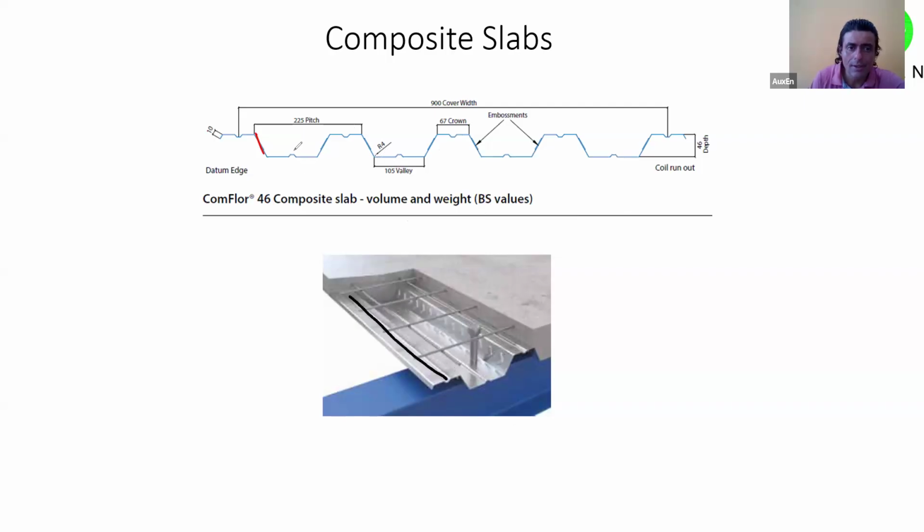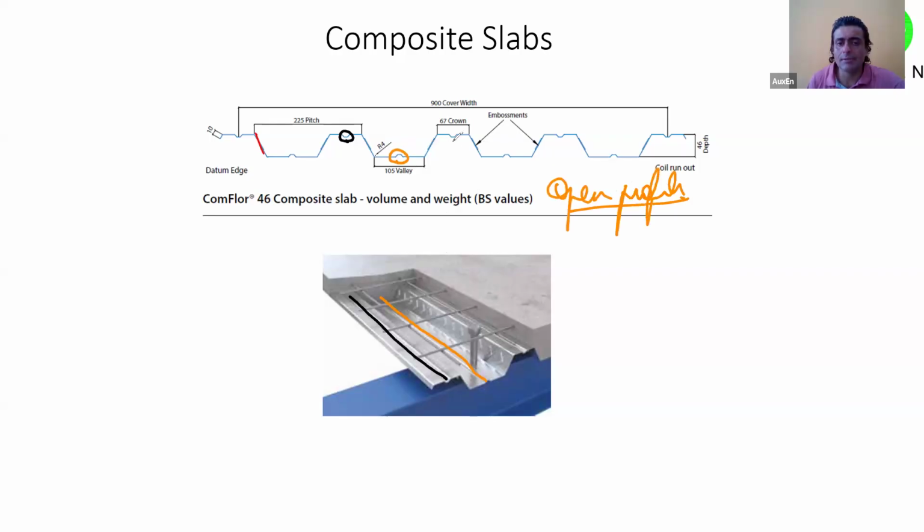Then there is a rib at the trough also. Clear? So you make this shape, which is typically called an open profile.